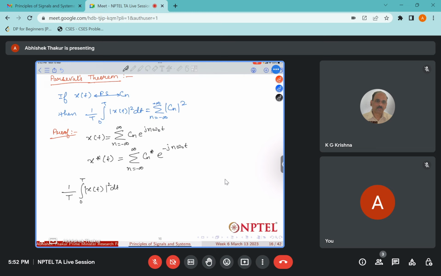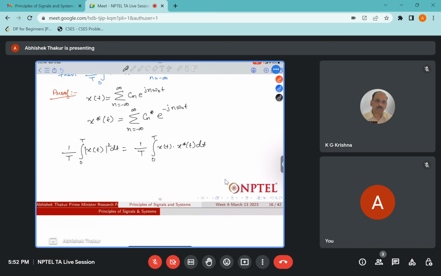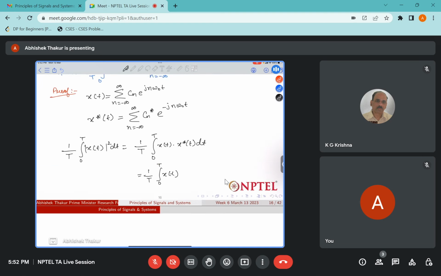This can be written as x(t) into x conjugate of t dt, and for x conjugate of t we write the summation of Cn conjugate e to the power of minus j n omega naught t.